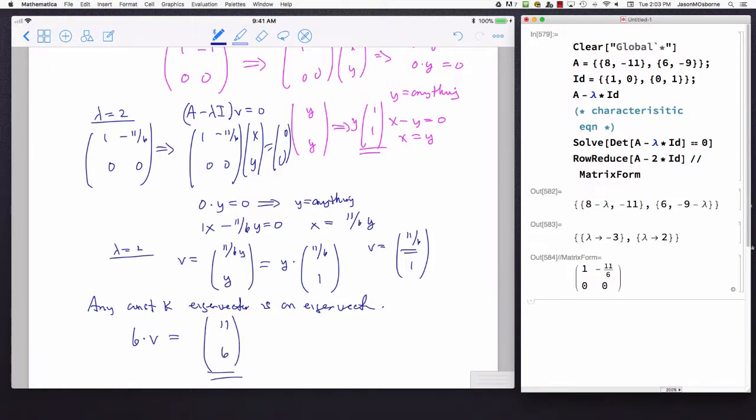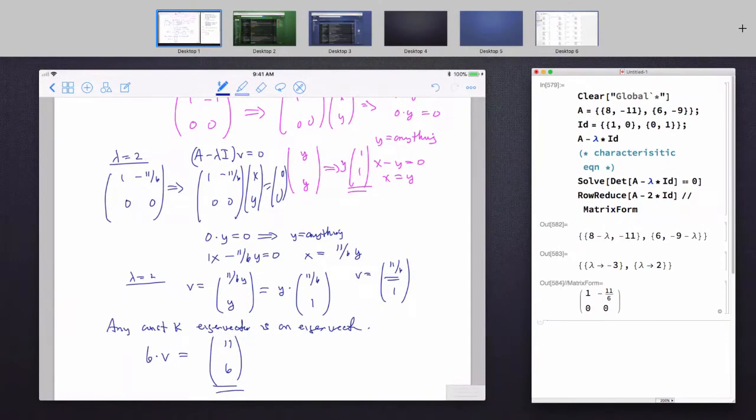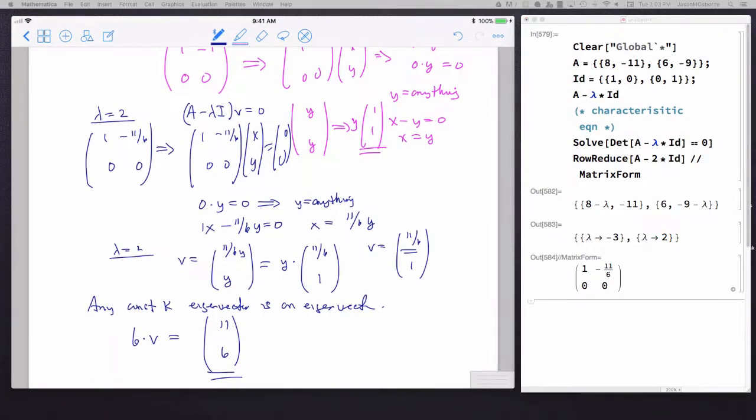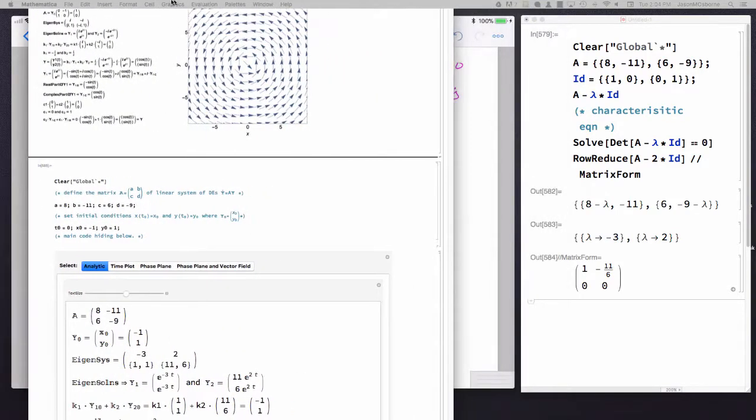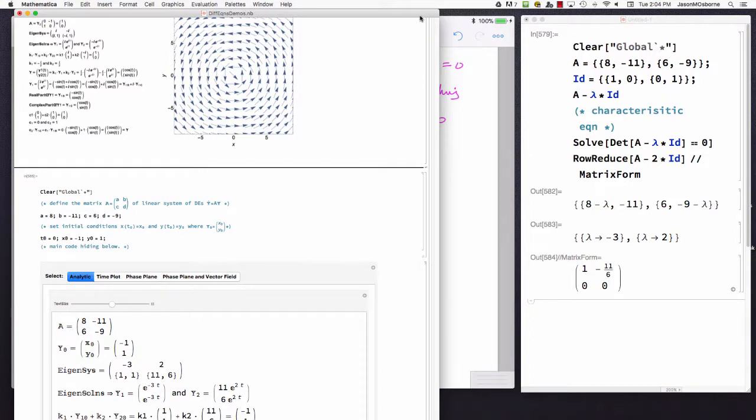This is a nicer eigenvector. It doesn't have fractions. So what we have discovered is what our Mathematica demos show us.